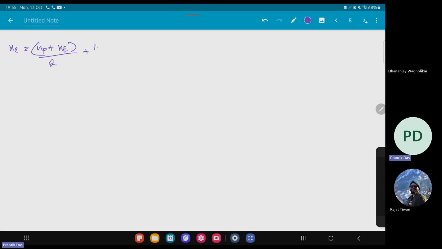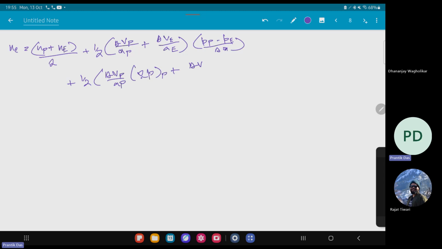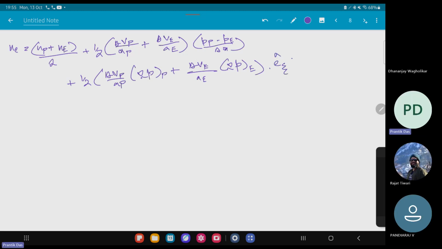So it can be further written into coordinate independent format. If we simplify it further, it can be written into half of delta VP by AP plus delta VE by AE, and then PP minus PE, multiplied by 1 divided by delta X, plus half of delta VP by AP grad of PP plus delta VE by AE grad of PE dot e of zeta cap.